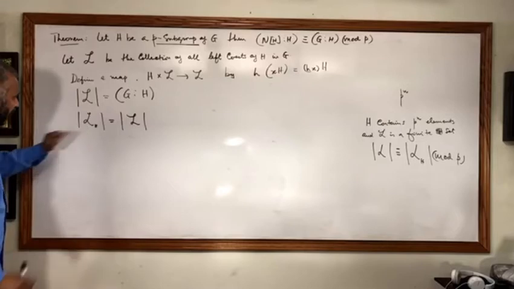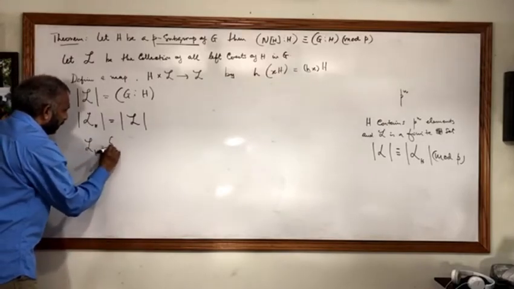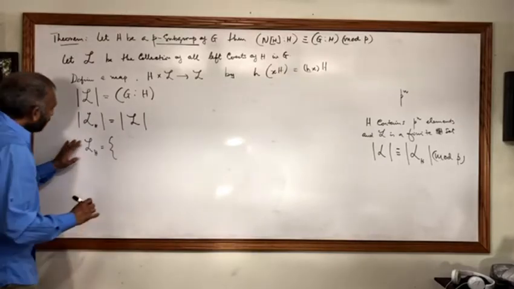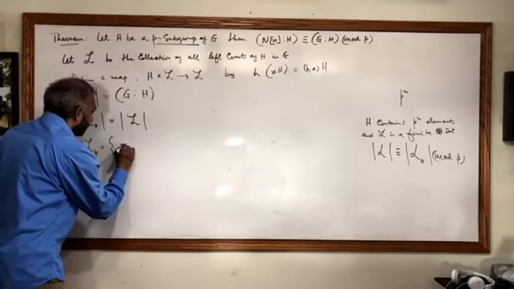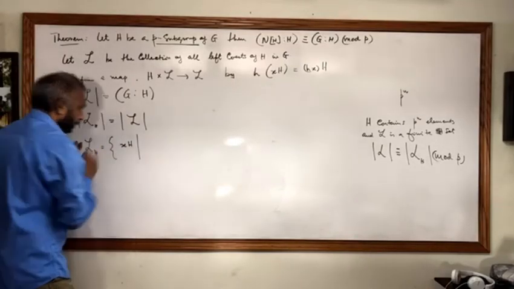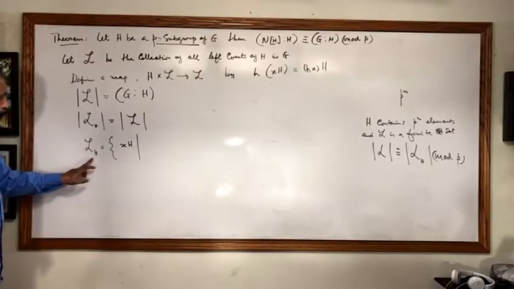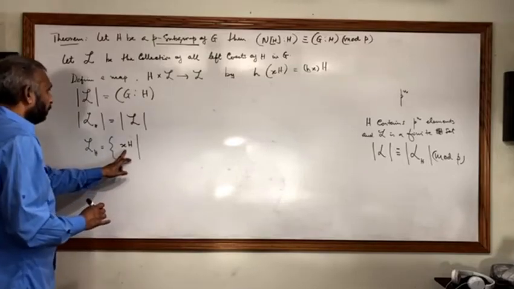And what is L^H? Let us see what happens here. These are elements from L, that is xH, such that it is fixed by the action.